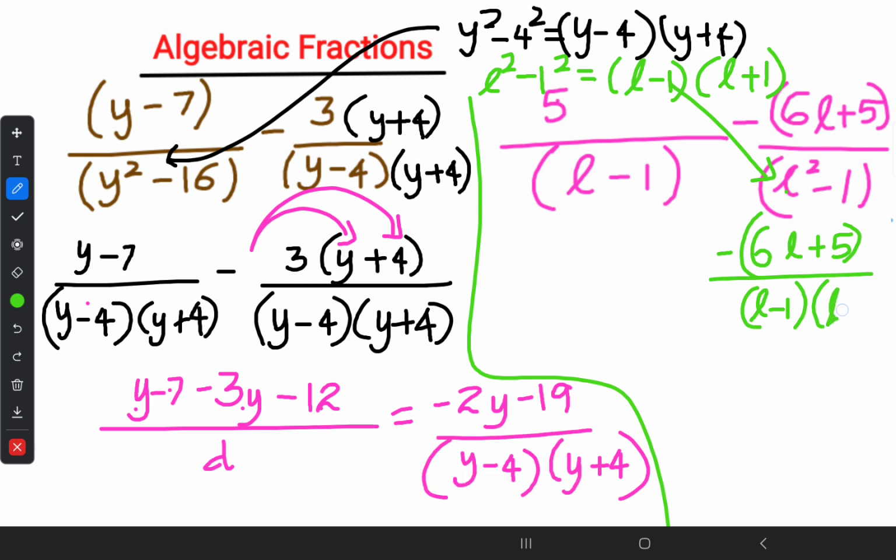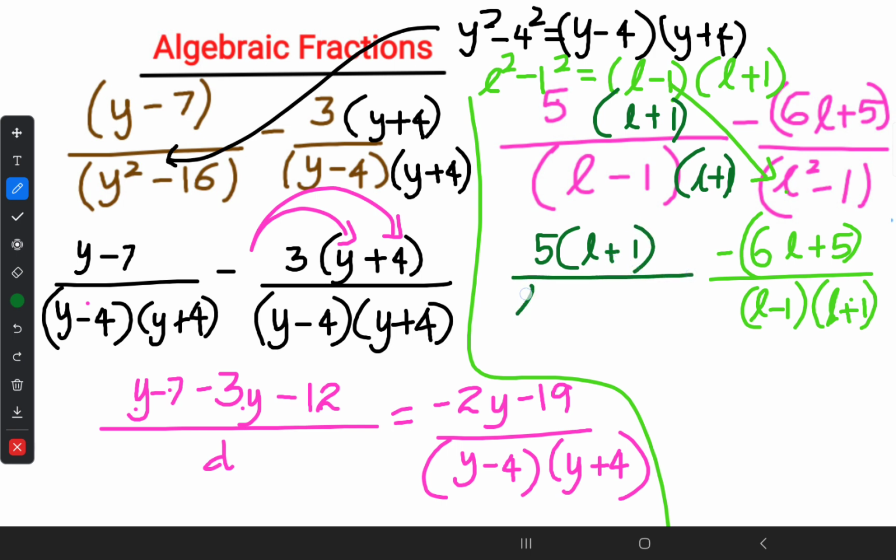Look at the first fraction, which does not have any L plus 1 itself. So it should be multiplied by an L plus 1 expression. So 5 times L plus 1. In the denominator we have L minus 1 times L plus 1.